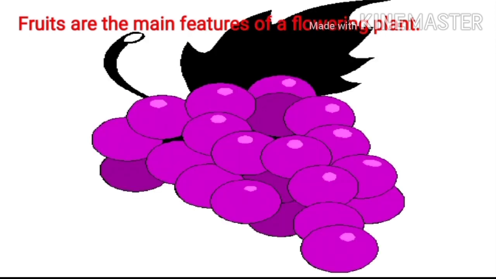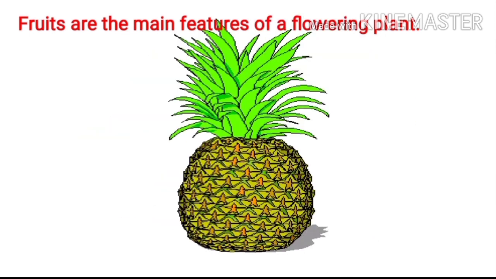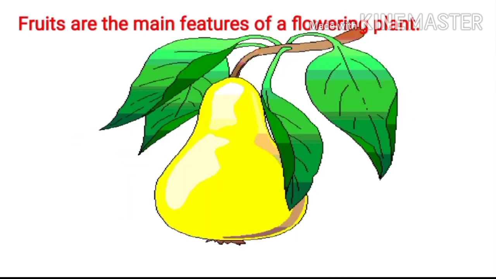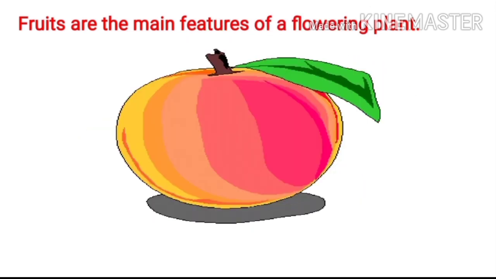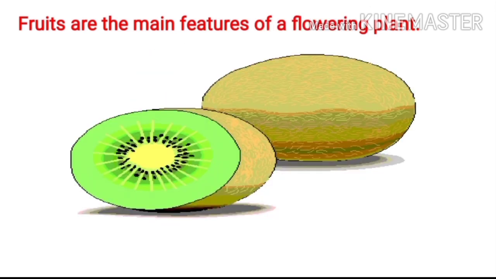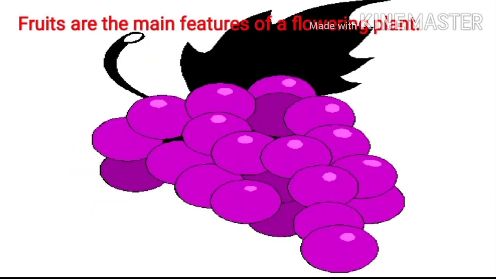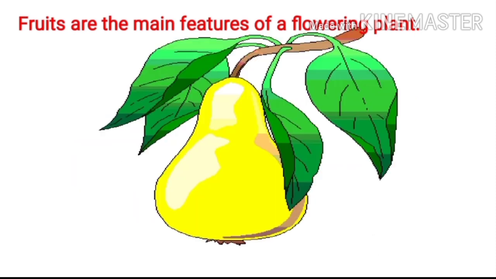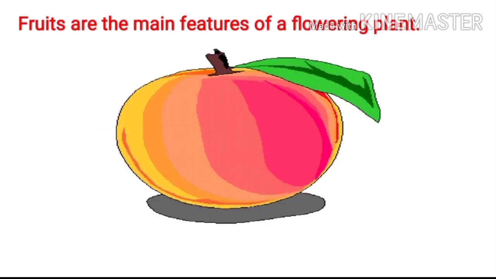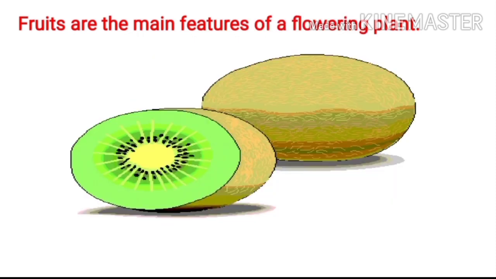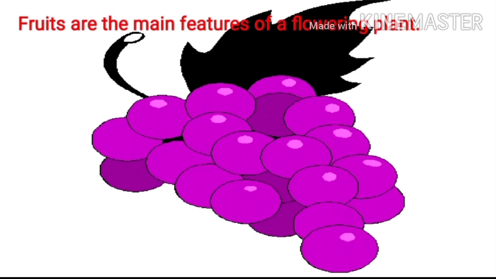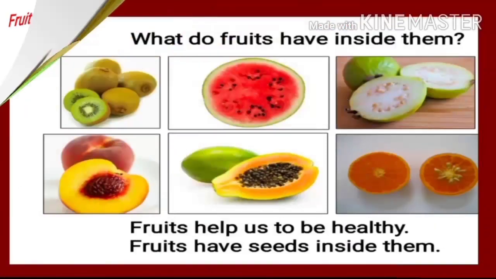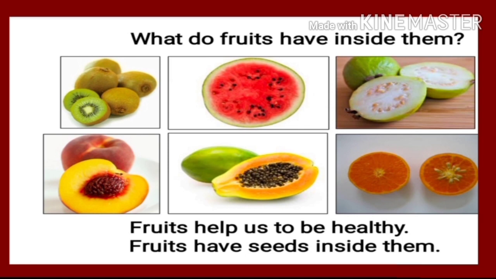Now children, this is pineapple. A fruit is a part of plant that contains flesh, food and seeds. All fruit may not be sweet and edible, but still it's a fruit.